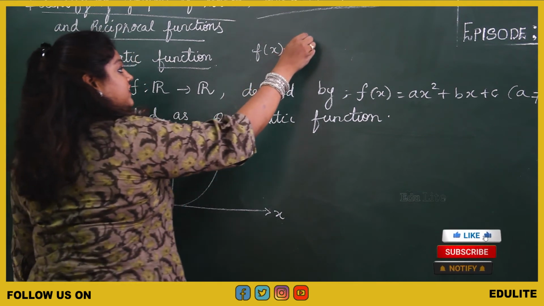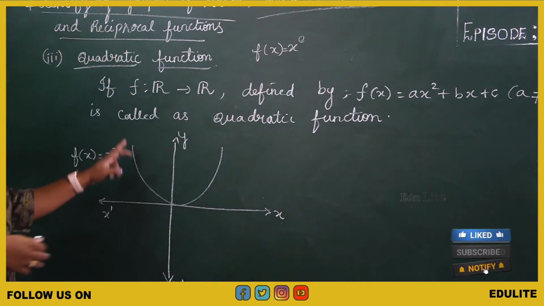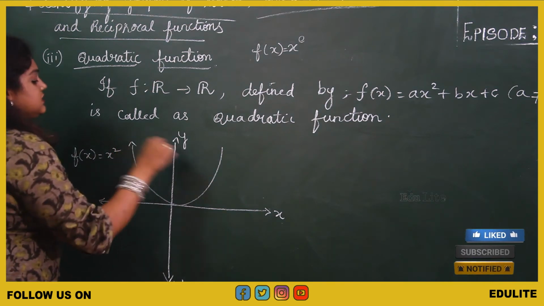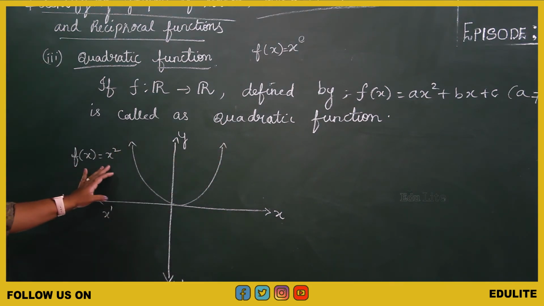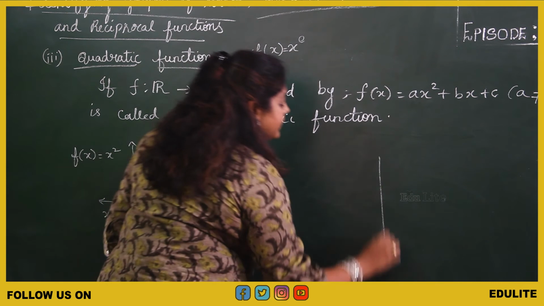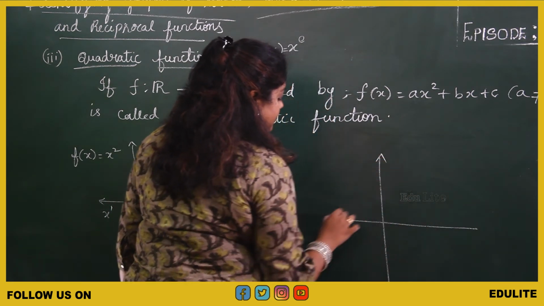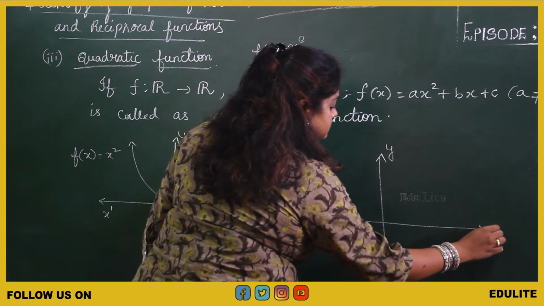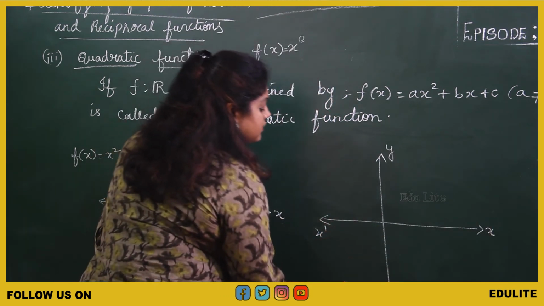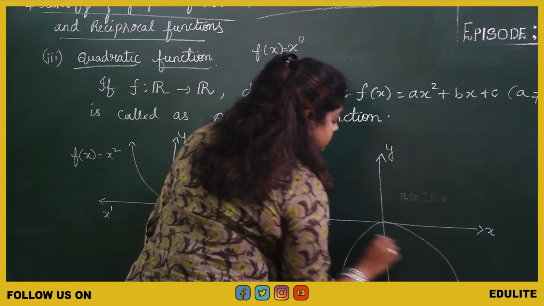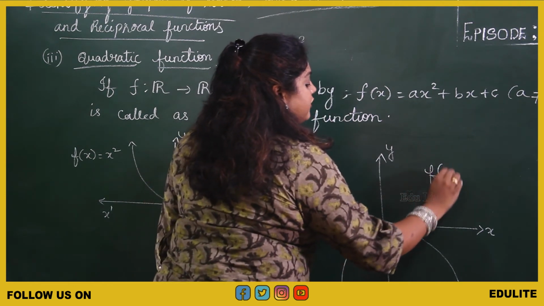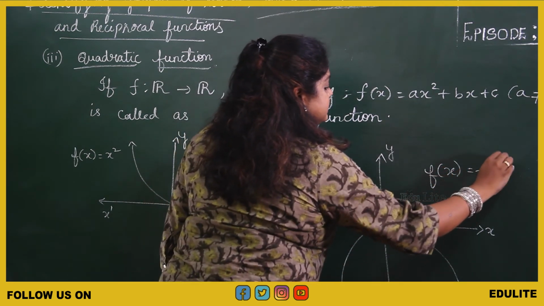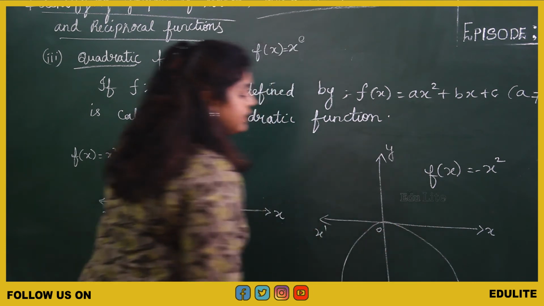Once the power of x exceeds 1, it becomes a curve. So this is the graph for f of x is equal to x square. When f of x is equal to minus x square, the curve will face downwards.